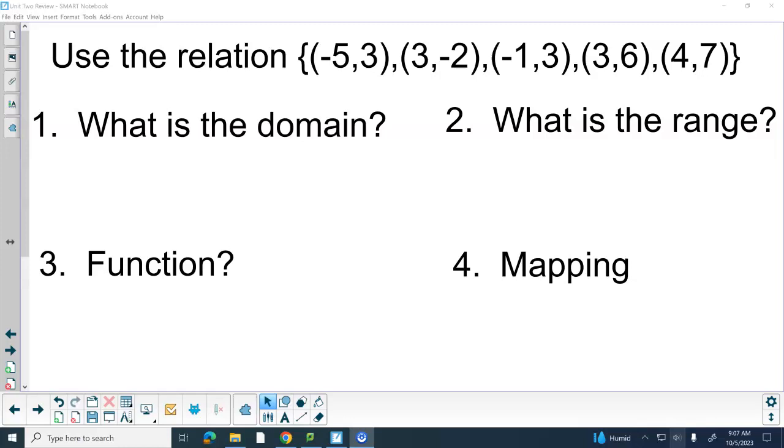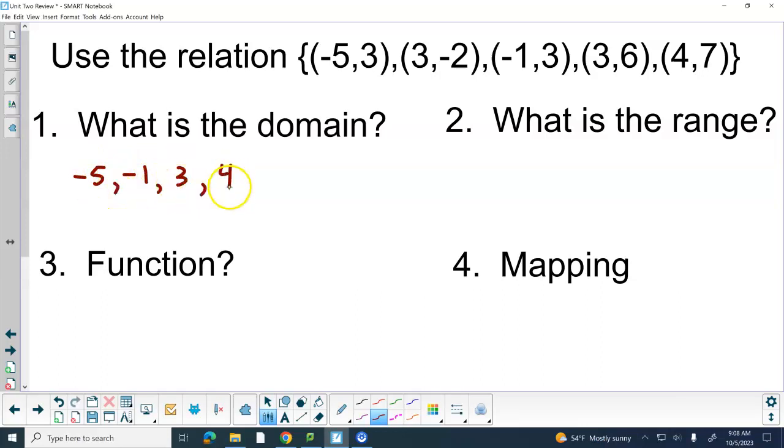The domain of this function is going to be the inputs, the x values. So I've got a -5, I've got a -1, I've got a 3, and I've got a 4. And remember, domain is a set.